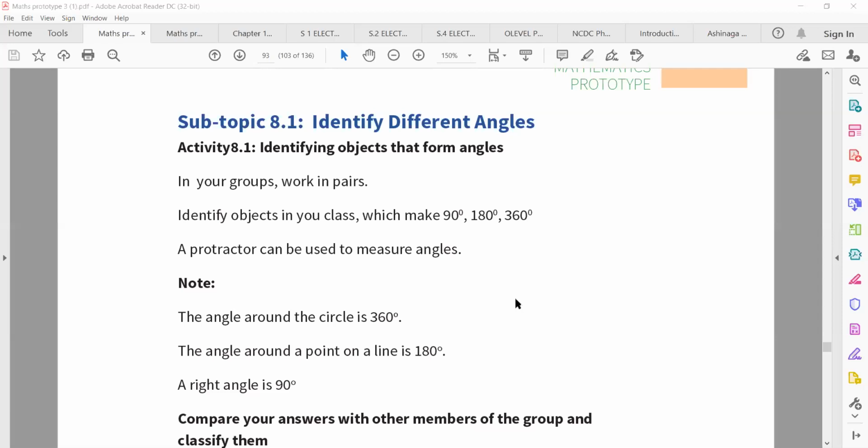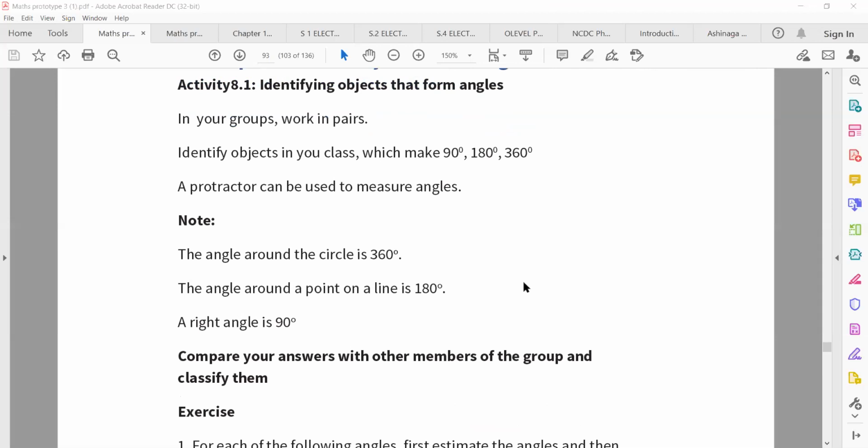The angle around a circle is 360, and we've been looking at that even in the previous lessons, whereby the angle around a circle is a complete turn, which gives us 360. And then the angle on a straight line is 180, and we've seen that as well. Then we also have the right angle, which is 90 degrees.